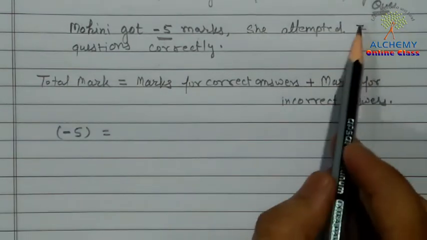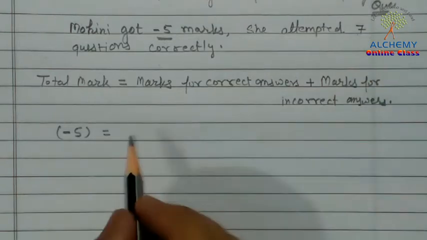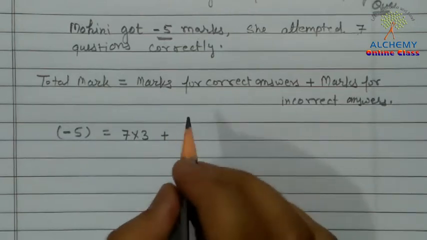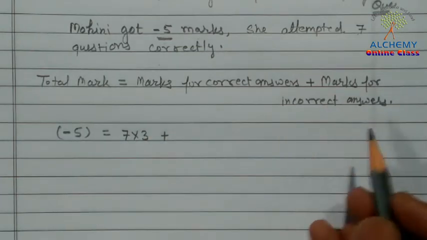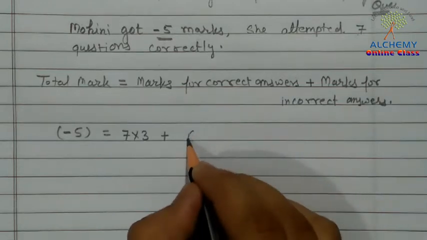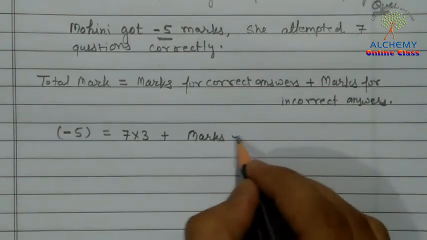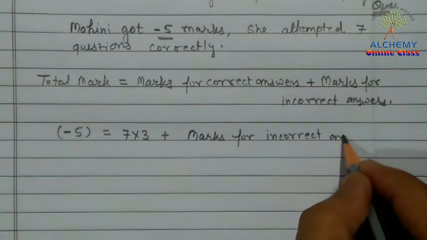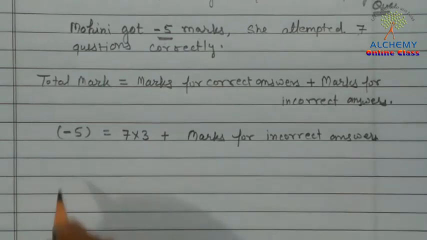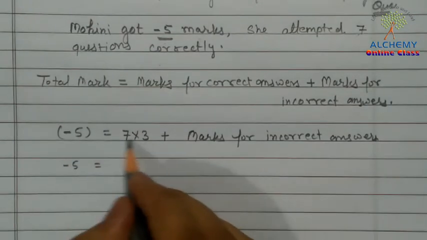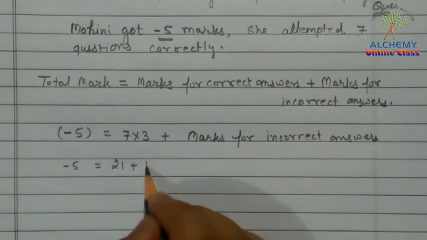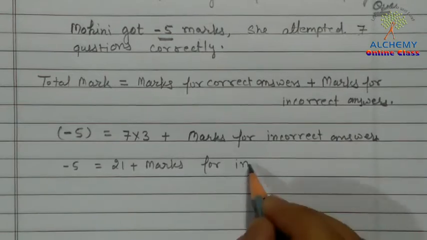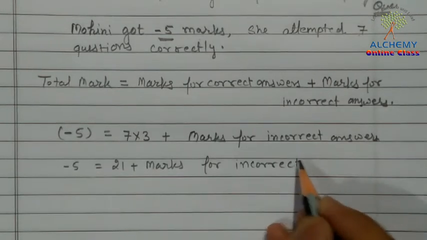She has given 7 correct answers, so she will get 7 into 3 marks for her correct answers. We don't know how many marks she got for incorrect answers, so we'll write here marks for incorrect answers. So -5 is equal to 7 3s are 21 plus marks for incorrect answers.